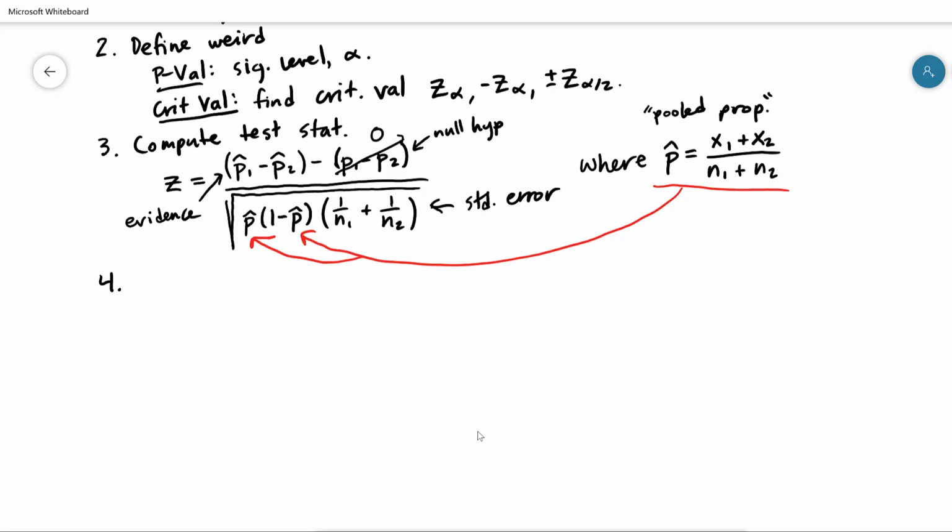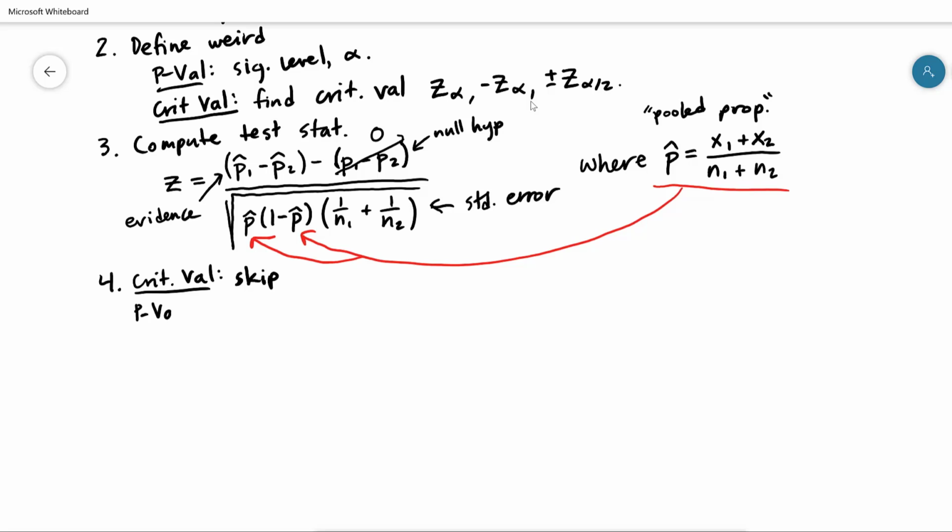Step 4 is basically, again, same as before. If we're doing the critical value method, we get to skip this step because we've already got the two z-scores that we're going to compare. We have the critical value and we have our test statistic, so we have everything we need for our comparison.